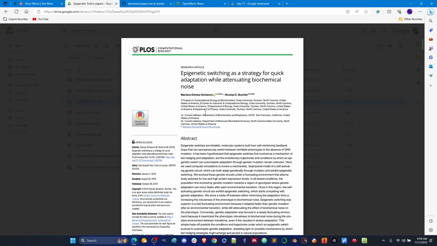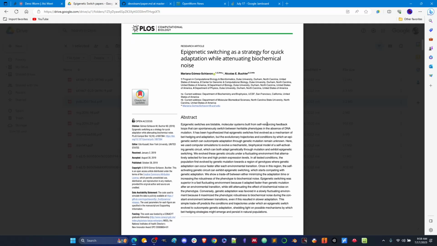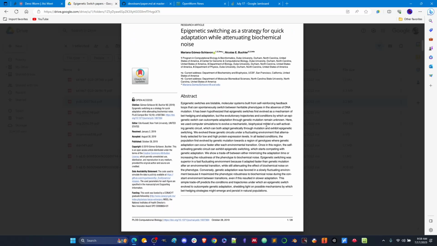This paper talks about epigenetic switching as a strategy for quick adaptation while attenuating biochemical noise. It talks about some of the systems-level things that are happening, and these epigenetic switches are used as the stand-in for the stability, or the ability to maintain a bistable state.